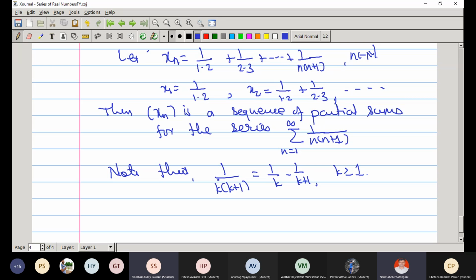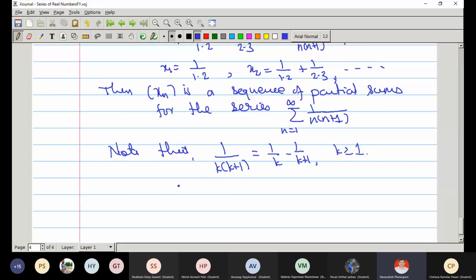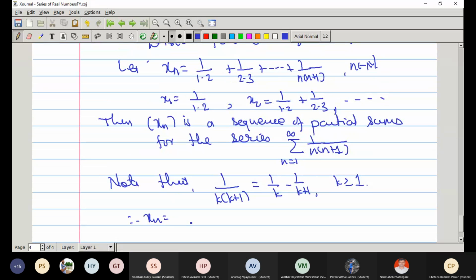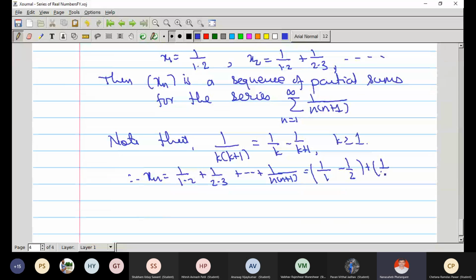Therefore, can I simplify my sequence xn? I can split 1 upon 1 into 2 as 1 by 1 minus 1 by 2, the second term 1 by 2 minus 1 by 3 and so on, up to the last term 1 by n minus 1 by n plus 1.